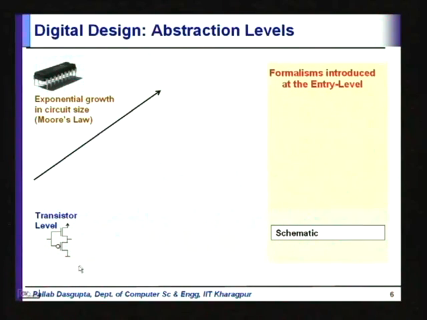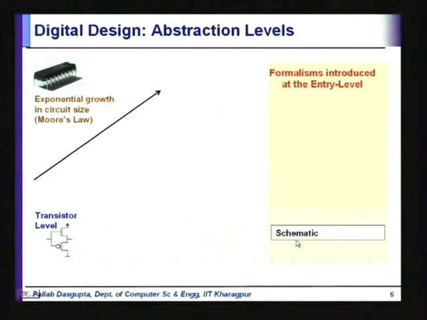So, if you look at the earlier parts of the 80s, when we were in school, and most of you were not born, at that time a lot of designs used to be done just using transistors. Today digital designs are almost never done at this level, but analog designs are still done at the transistor level, because analog designs are not as large as the digital designs, though probably much more complicated.